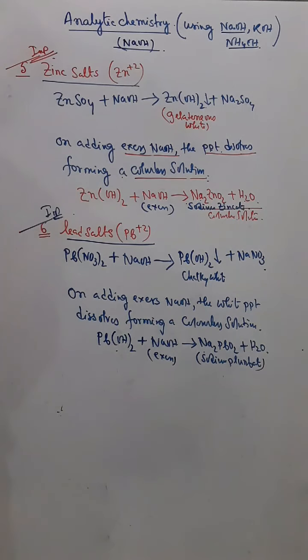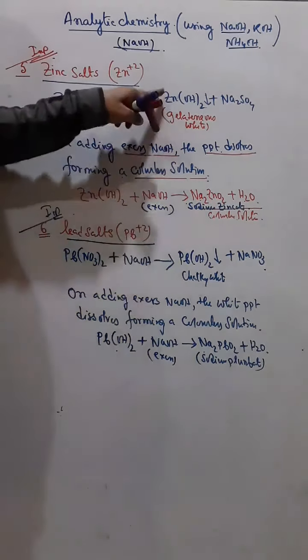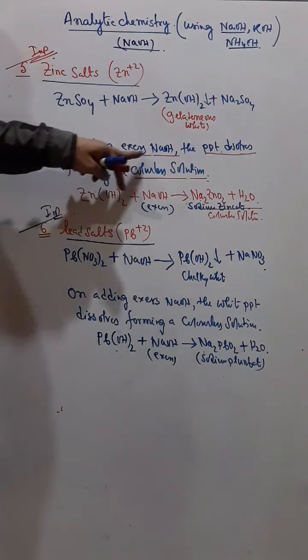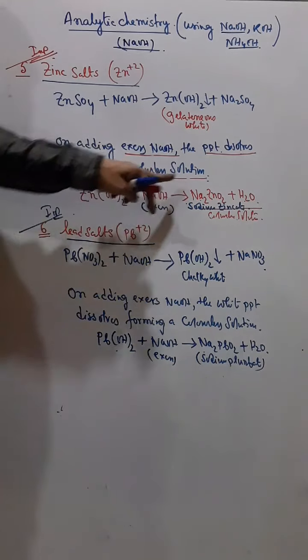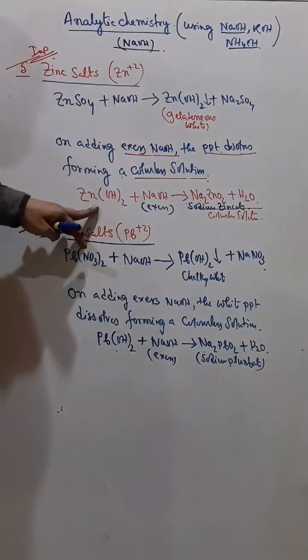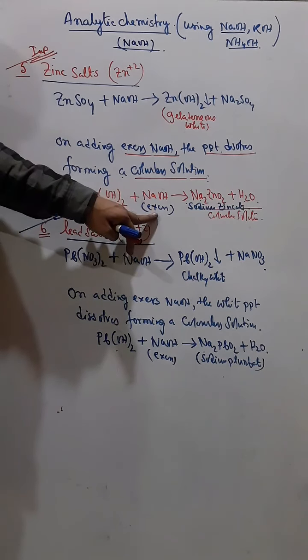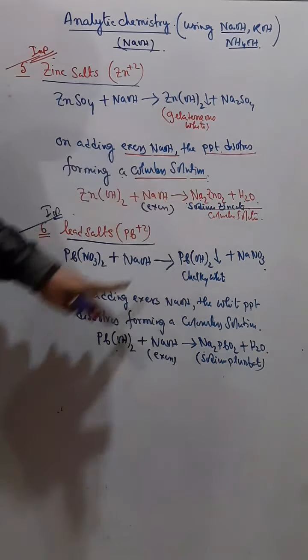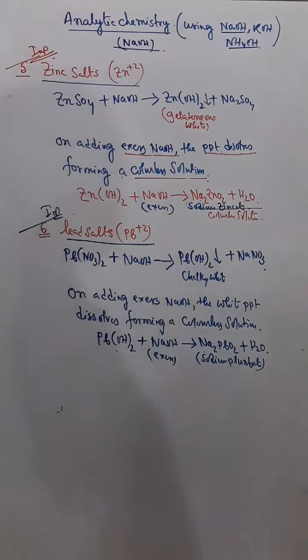So in the previous 4 we have seen they are insoluble on adding excess NaOH, except calcium to some extent it is sparingly soluble, but all the others, copper, iron, all those are insoluble on adding excess. But zinc salt and lead salt, that is the zinc hydroxide and lead hydroxide precipitates that you are getting, on adding excess NaOH, these precipitates get dissolved, and then you have to give the reaction also. In case of zinc, we are getting sodium zincate, and in case of lead, we are getting sodium plumbate. Understand?